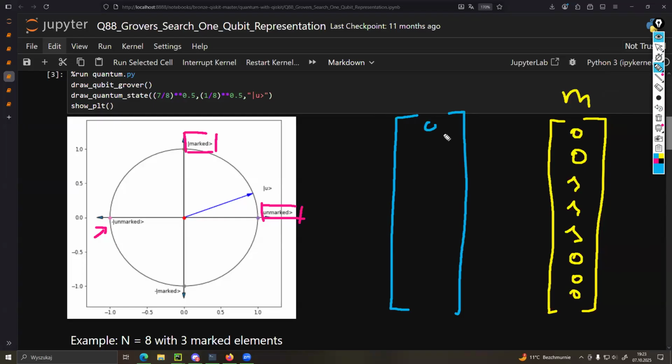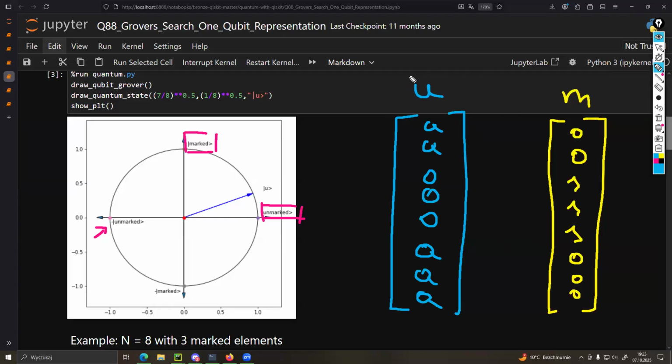So let's do it as A. A, this will be 0, 0, 0, and there will also be A, and A. These will be coefficients, or rather amplitudes, for these states. Now I have two perpendicular, or orthogonal, or mutually exclusive vectors. You could use any term like this to internalize it. So these will be our unmarked.